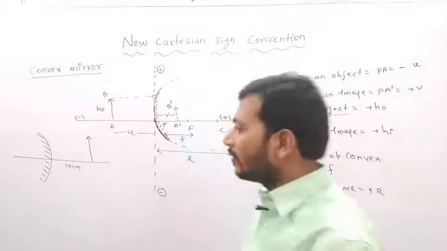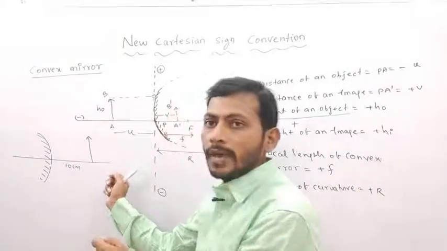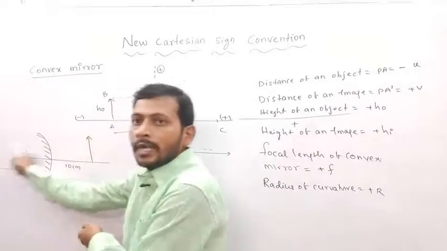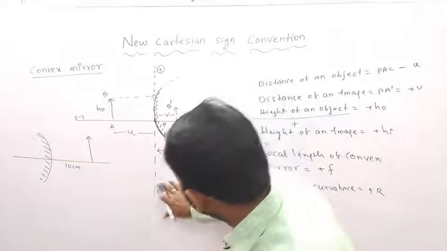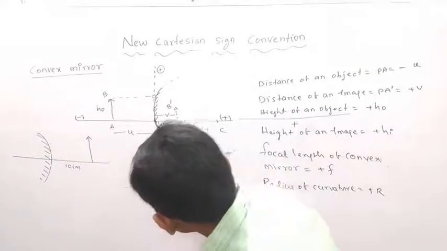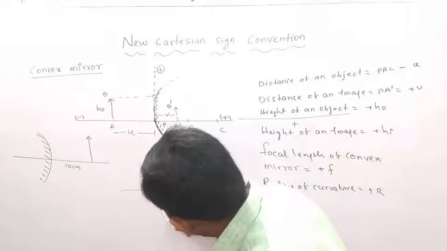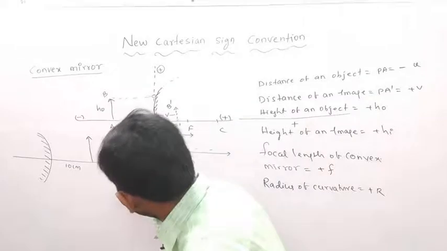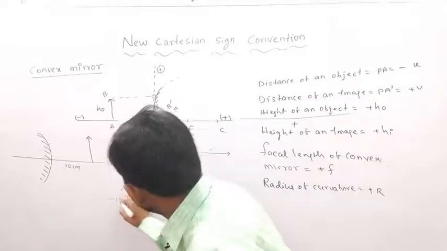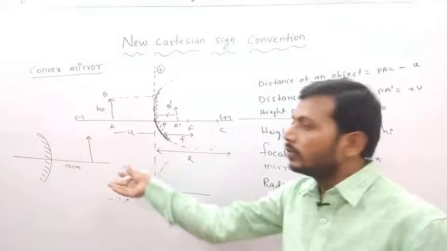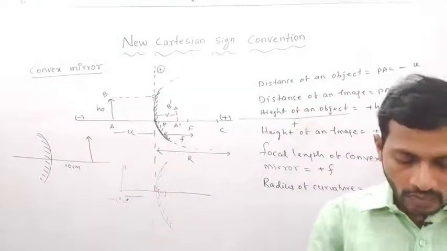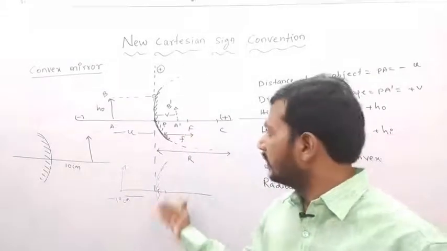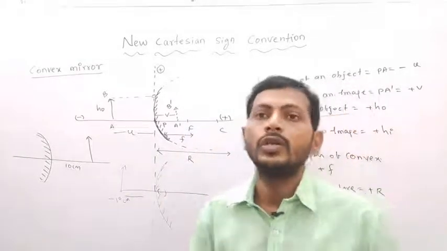Converting means you just imagine taking this axis and keeping that line back side. Then you will get the image like this. This is the convex mirror, and here this is the object, 10 centimeter is the distance. Now I hope you are able to do this question, children. When the question is given in this manner, you can convert it the easy way, apply the rule, and do the numerical.